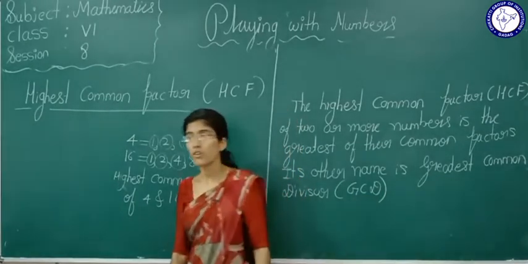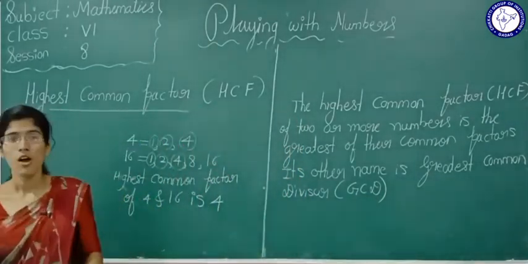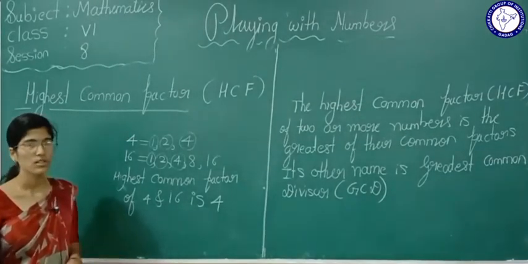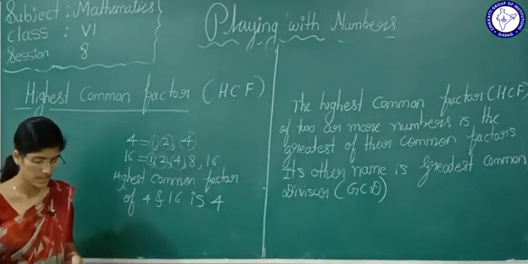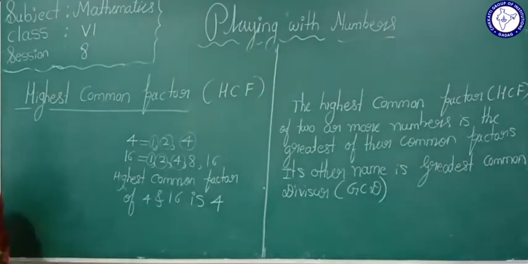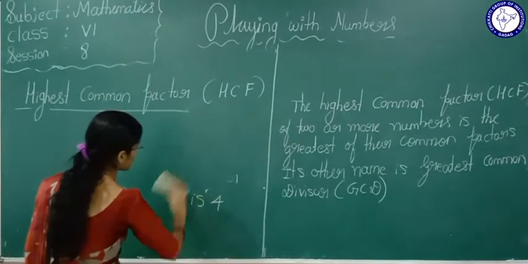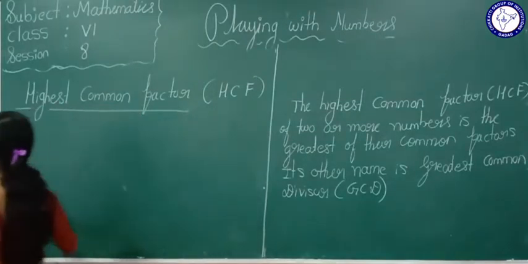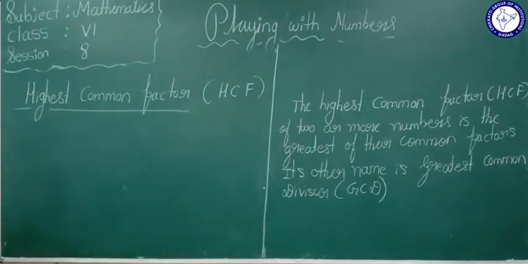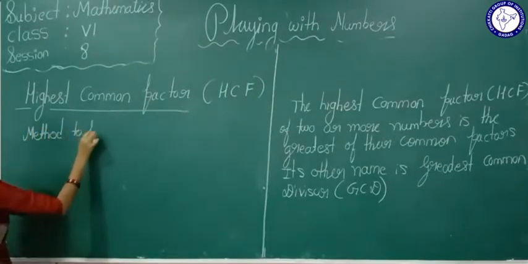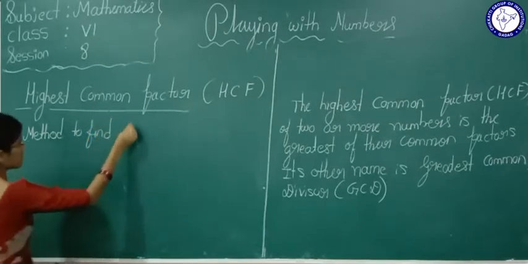Now we will see how we are going to find the HCF of any numbers. How do we find the HCF of 2 or more numbers? Now see, the method to find HCF.